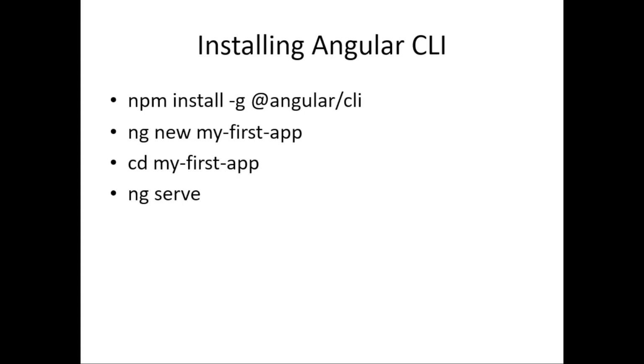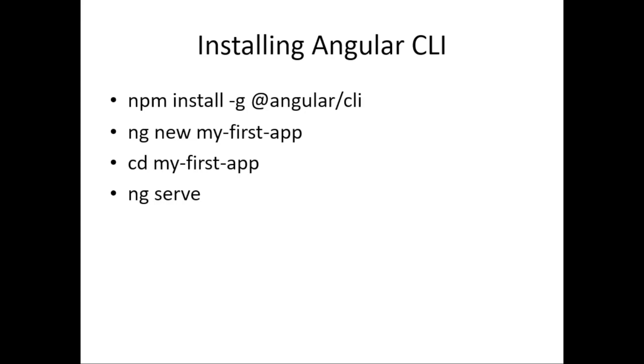The second point, you have to create your application first. For that you give the command line ng new my-first-app. My-first-app is your project name. ng new is the key command from Angular CLI to create the first project on your machine.